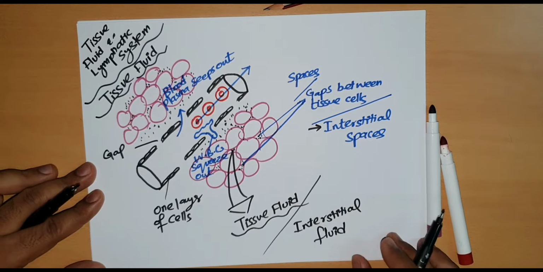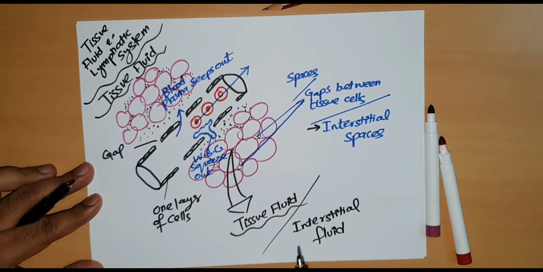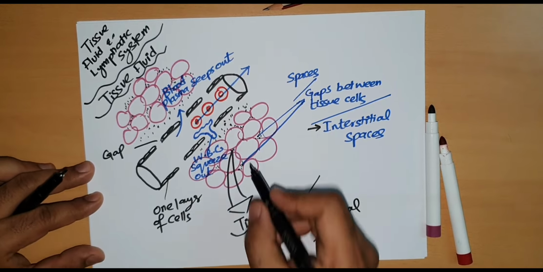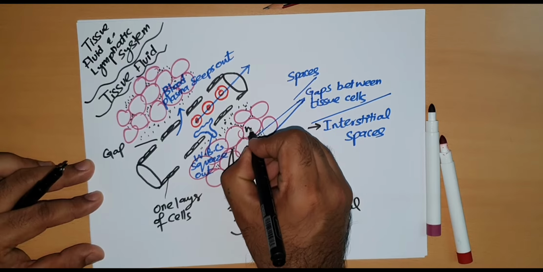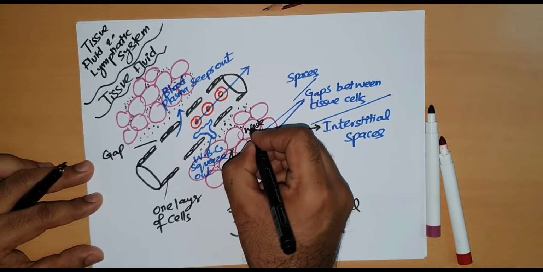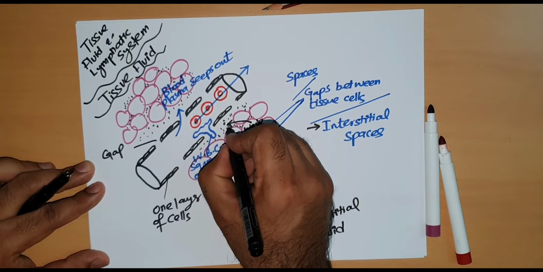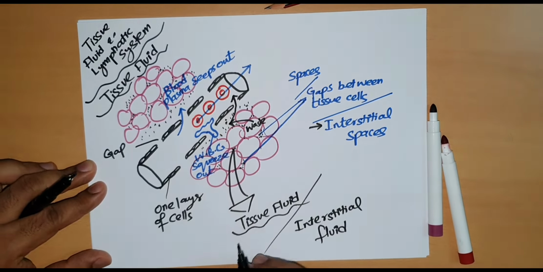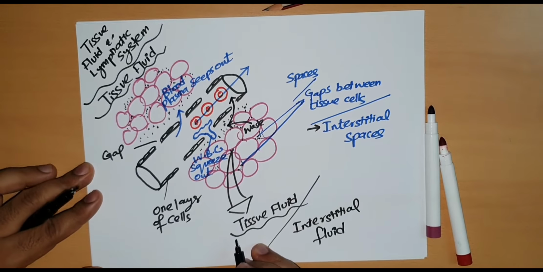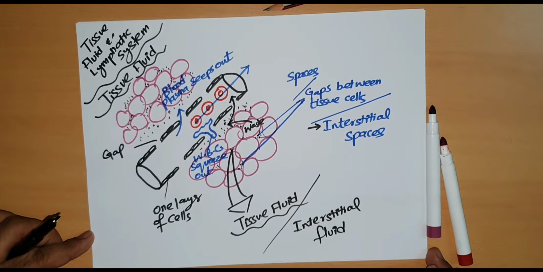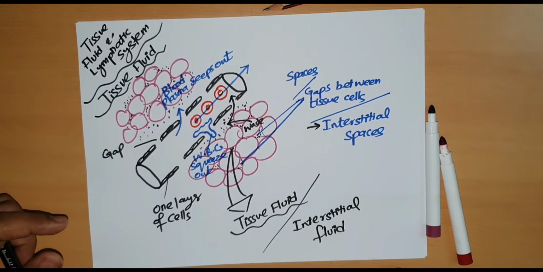Same, if something wants to travel back into the blood, like waste, this waste will first go into the tissue fluid, and from the tissue fluid it will go into the blood plasma. So you see this tissue fluid helps a lot in the exchange of materials.